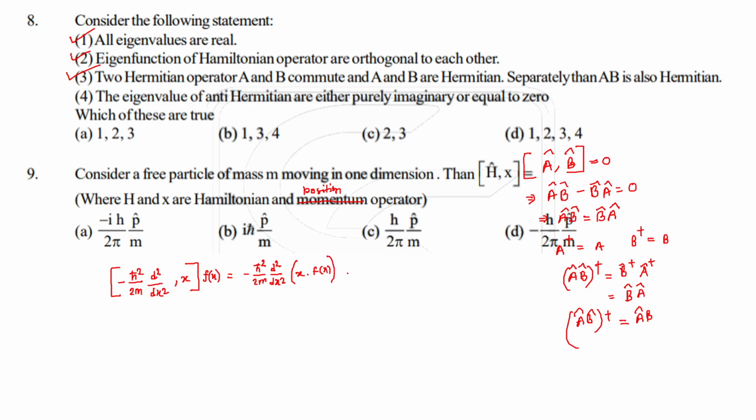Okay. Now your minus minus plus x is going to be on the left hand side, and now h cut square by 2m d2 dx square of f of x. From the first two, what we are going to get? Minus h cut square by 2m.